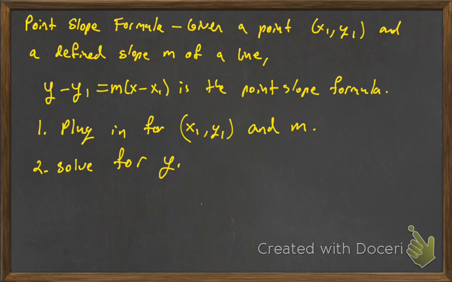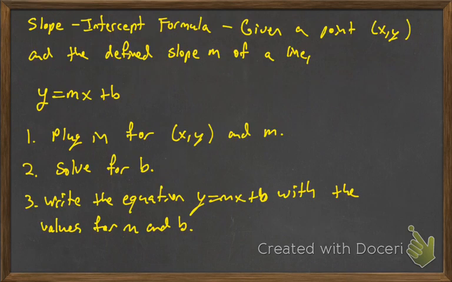And sometimes I may not be given a point and the slope, I may be given 2 points, and so from that I'd have to go find the slope. So the procedure for writing the equation is plug in for the x1, y1, and m. After you've done that, solve for y. You're done.